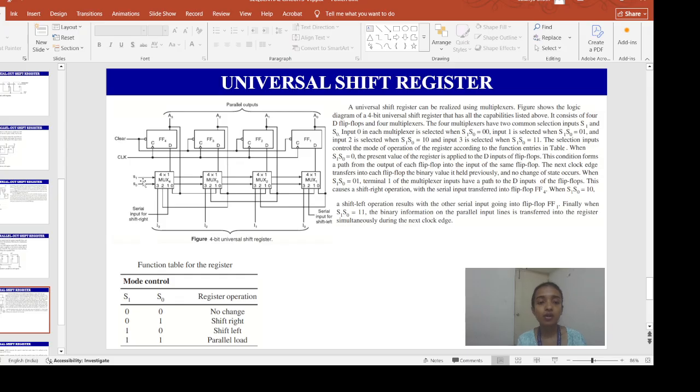When S1, S0 is 0, 1, the terminal 1 of the multiplexer inputs has a path to the D input of the flip-flop. This causes a shift right operation, as we have seen from the table, right?